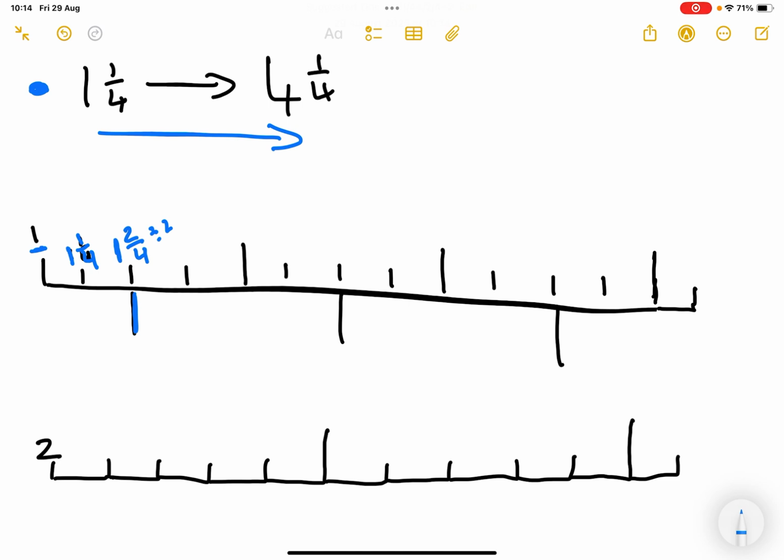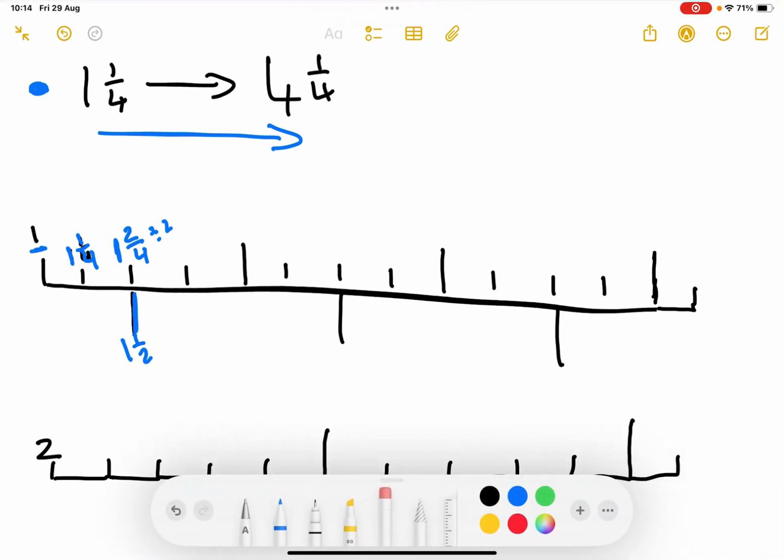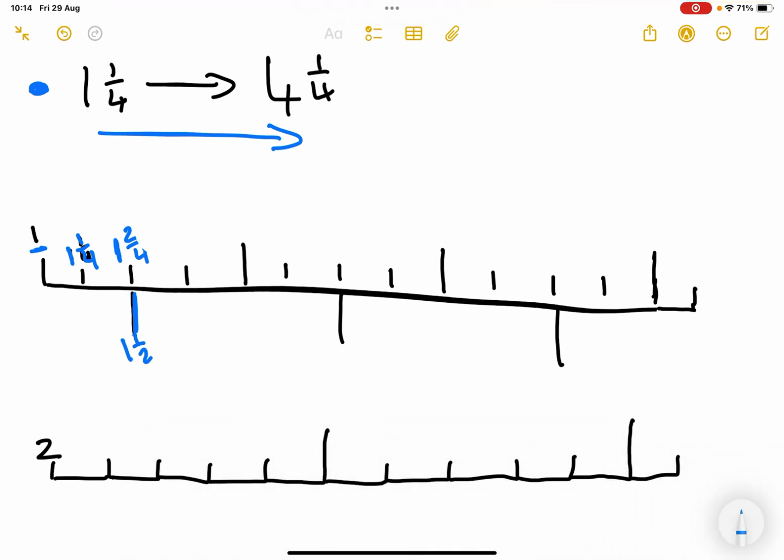In this case, it's 2. And we know that 2 is half of 4. So this can also be 1½. I've got them both there, and I would encourage you to write both of them as well if you are asked to simplify too.